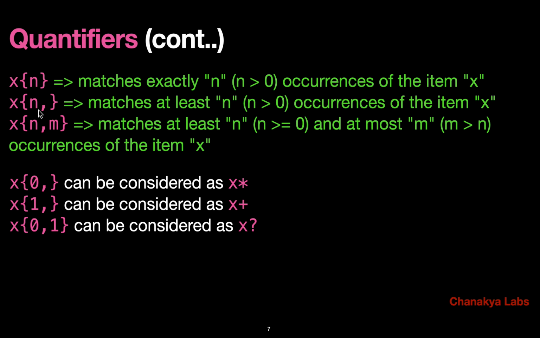But in this case, x{0,} can be considered as 0 or more, which is x star. 1 or more is x plus. 0 or 1, minimum 0 and maximum 1, means that either it is there or not there, and that is the meaning of x question mark. So these things can be derived from the earlier syntax.